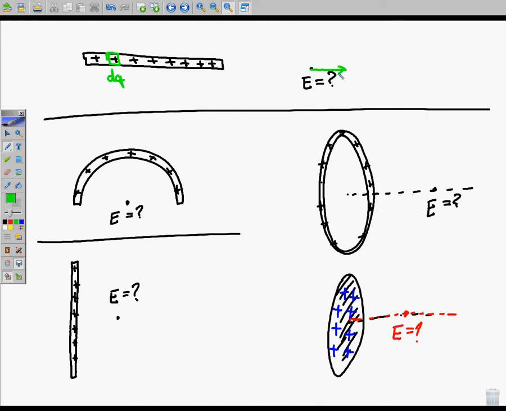Guess what the electric field strength due to the little dQ is? dE. A little piece of the electric field strength. So we're always going to break it down into a little dQ and a dE. So that's our quest, and that's where we're going.